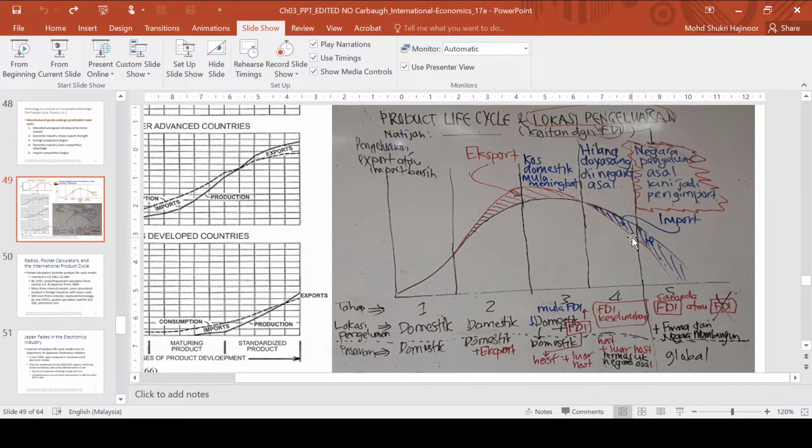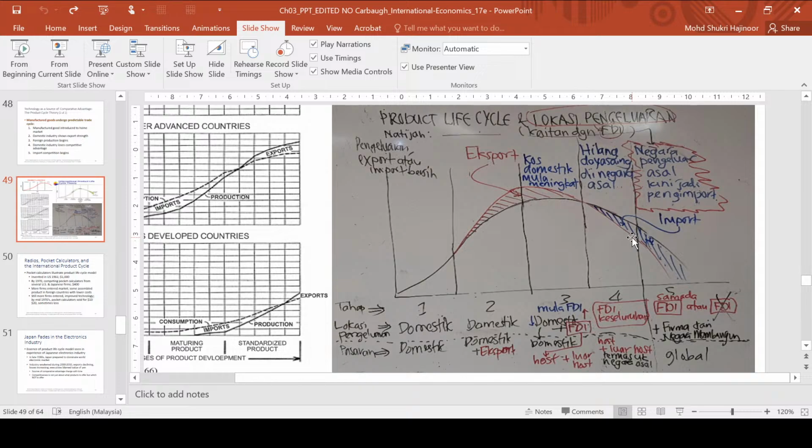So FDI only. The location of production is no more in their own country. All of the production is overseas. FDI completely.